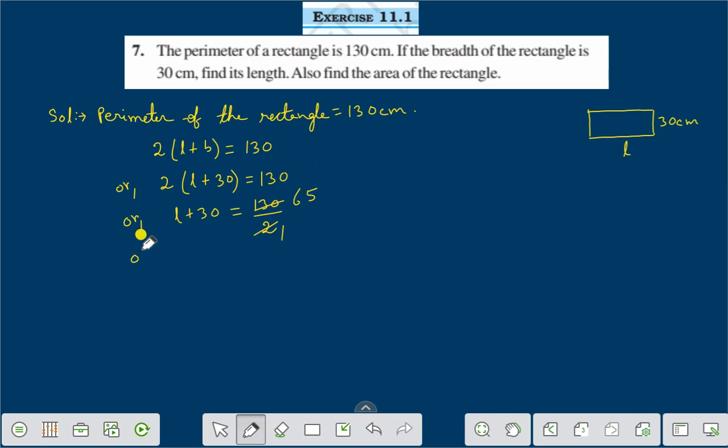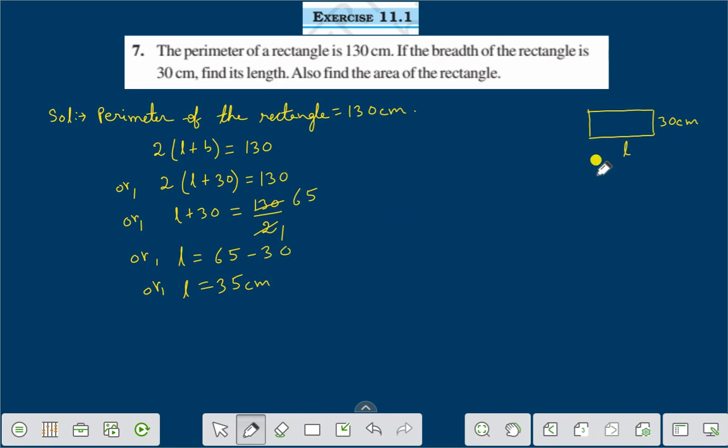Or L can be written as 65 minus 30. If we subtract it, we'll get L equal to 35 centimeter.